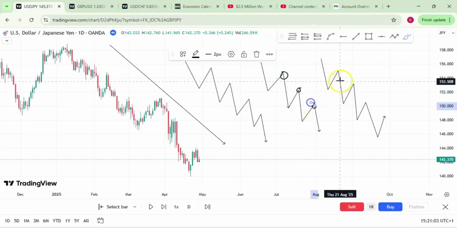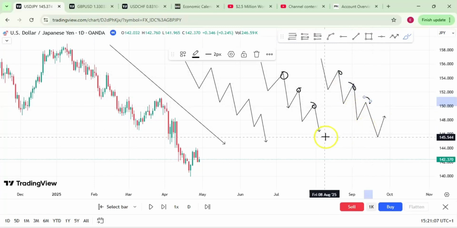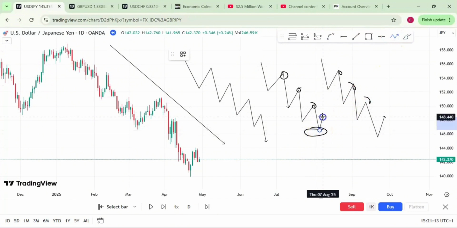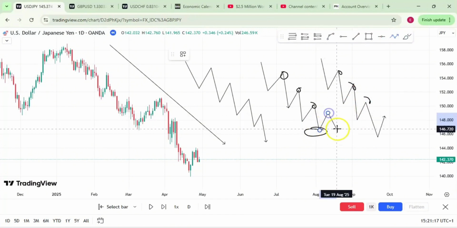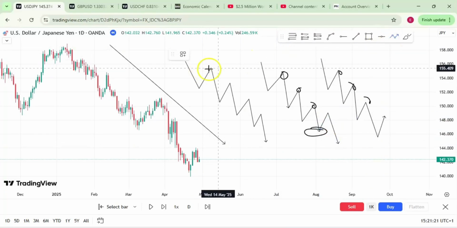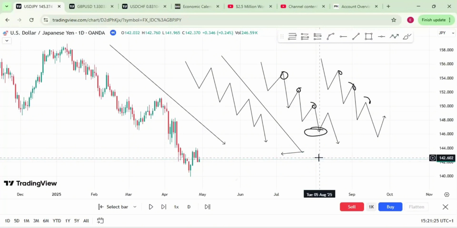These are the best possible place for you to place your sell trade, because you cannot come and be placing a sell trade around here knowing fully well that the market will likely give us a correctional move before moving to its original direction, because the market does not move in a straight line like this. No, the market does not move like that. The market moves in the form of a wave.